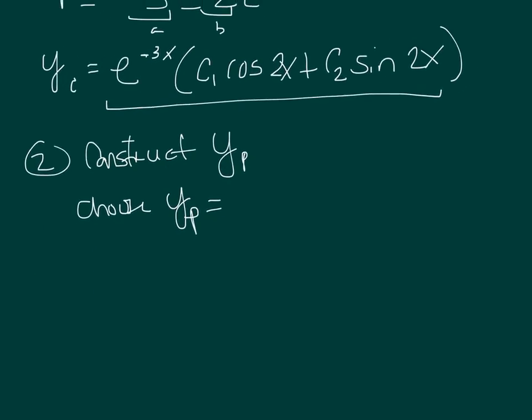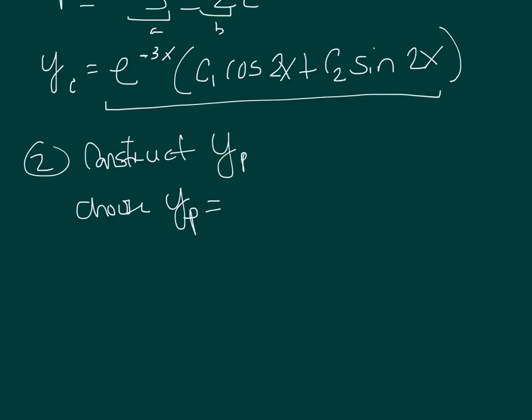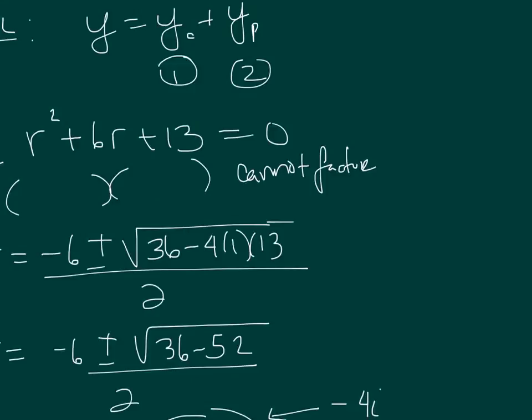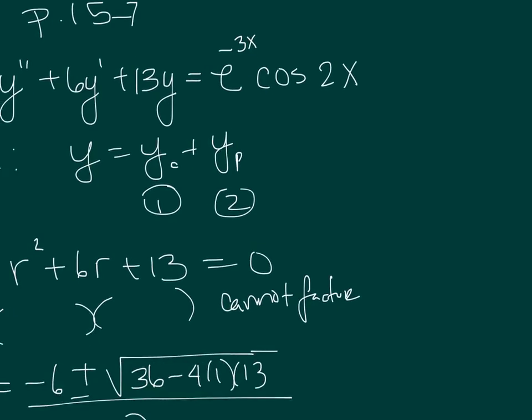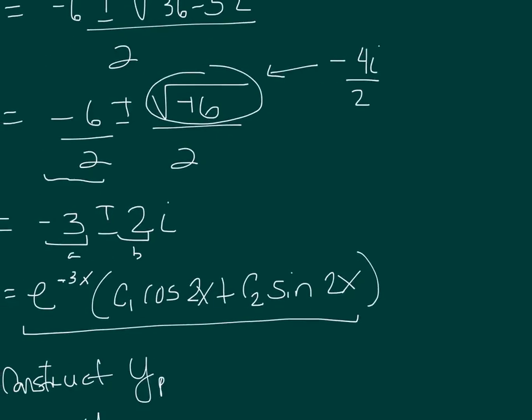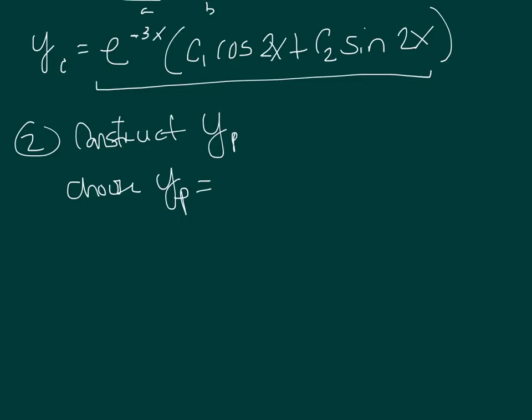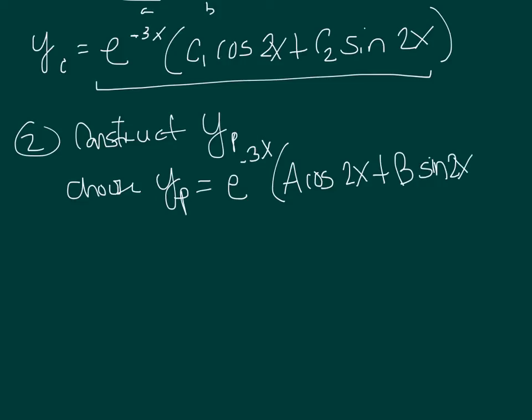We choose e to the negative 3x times a cosine 2x plus b sine 2x.